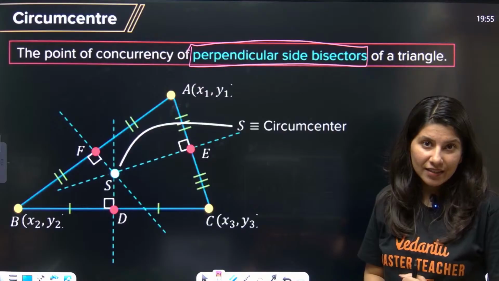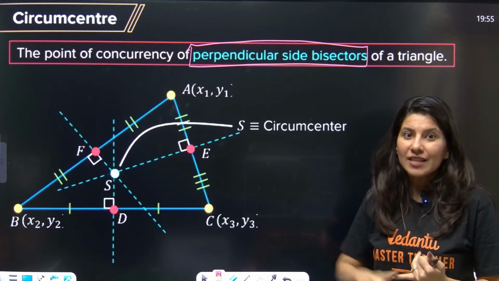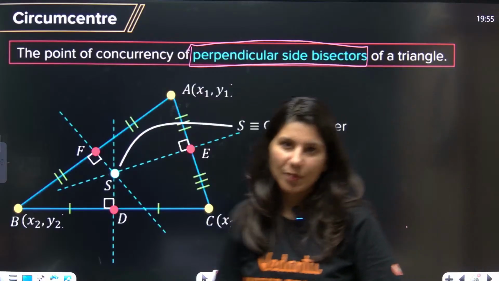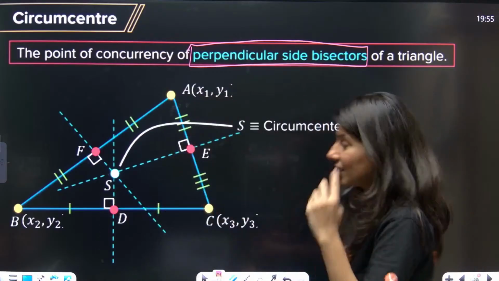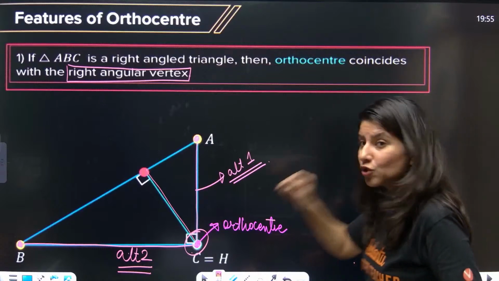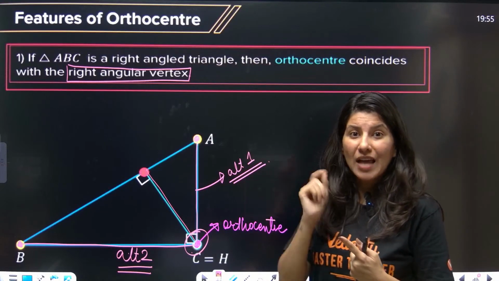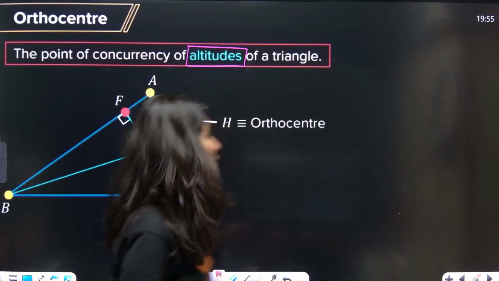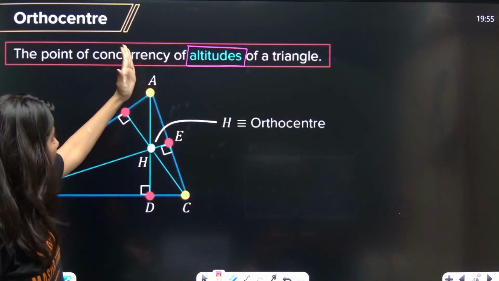What is the similarity first of all? Altitude is also perpendicular. Perpendicular bisector is definitely perpendicular. But altitude compulsorily has to pass through a vertex, so the origin of all altitudes is a vertex.